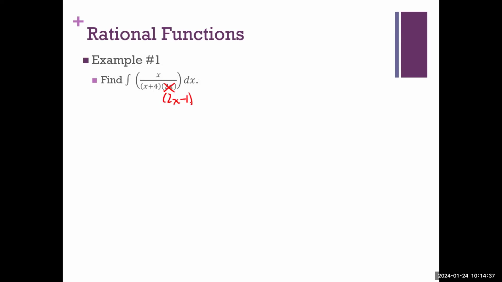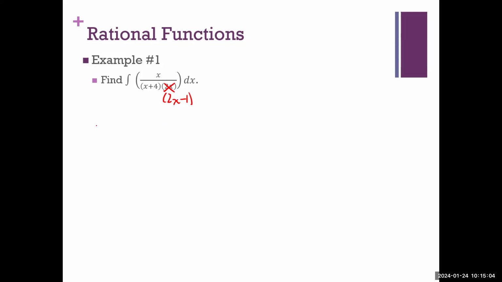Is there any way I can pull this apart? That's what we're going to talk about now, because I want to integrate this thing here, but it's hard to do that. There's a lot of stuff going on. But if we can pull those apart and deal with, instead of one complicated integral, many smaller ones, that's a good place to be.